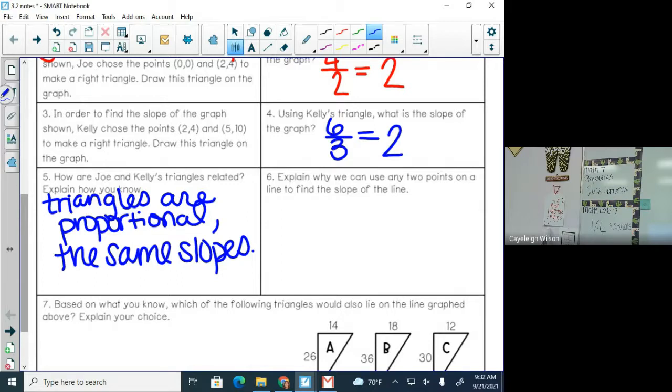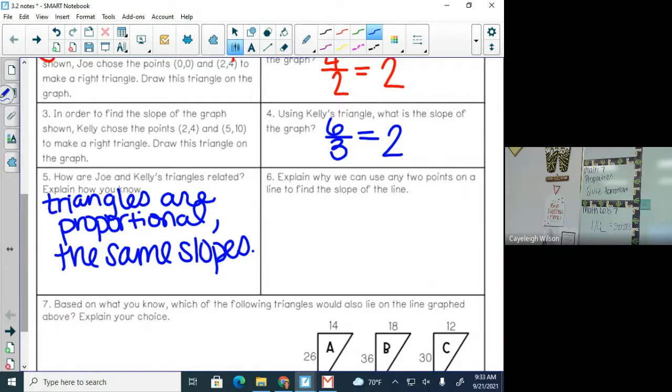Not that they're equal, but they're related, that they're similar, okay? They are similar because their sides are proportional and equal the same ratio. The slopes are the same. So, like if I was to take the triangle up there, they still have the same ratio of 4 over 2 to 6 over 3. They both equal that same slope, which makes those sides proportional.